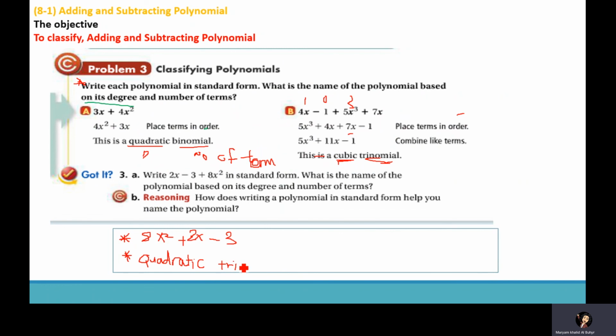Trinomial. Why am I saying that? This is based on the degree, which is the power here too. That's why it's a trinomial, because I have three terms.